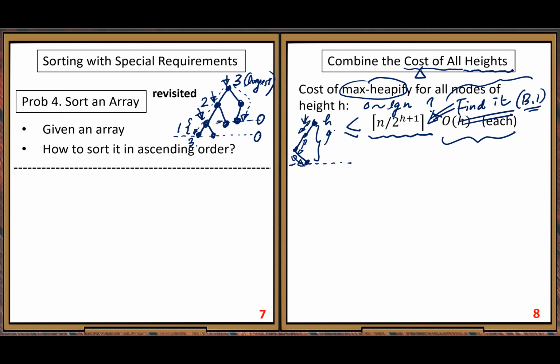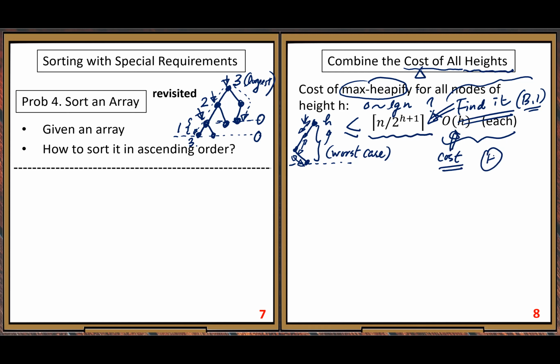But swapping from the current position down to the bottom, that's the worst case. Here we need to use the worst case, and that cost is big O of h, or big theta of h.